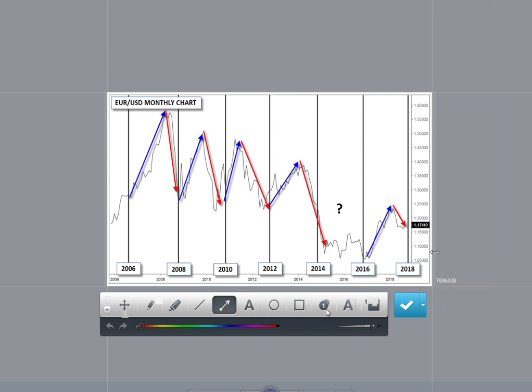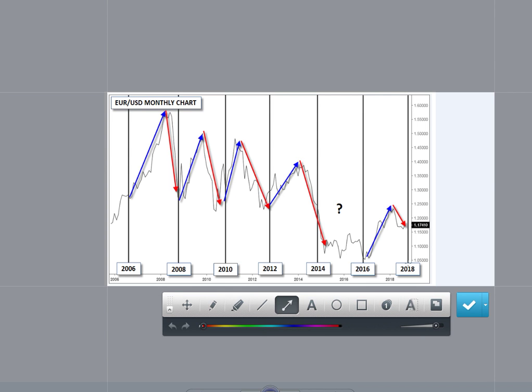If this is extended, we expect a move up, this should be green, then you also expect a move down, something like this. So until the next midterm election you expect euro to be rising upwards, then it should plunge down after some time. So far this is what appears to be happening on euro USD.